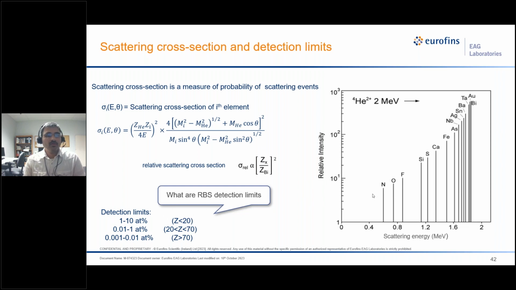For low Z elements, like lighter elements with atomic number less than 20, we have poor detection limits, like 1 to 10 atomic percent. The detection limits improve as the atomic number goes higher. The heavier the element, the better the detection limit. So RBS is very sensitive for heavy elements like gold, platinum, tungsten, bismuth, tantalum.